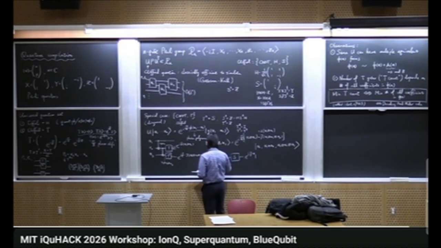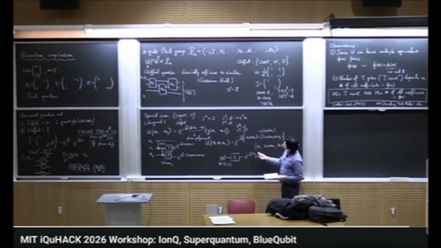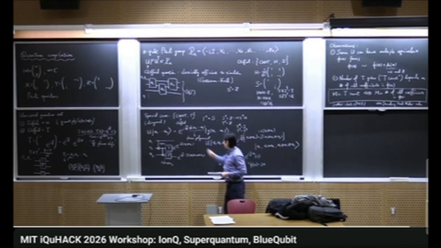If we start with the initial state x, where x could be 0 or 1, and we apply the S gate, this is basically consistent with the definition of the theory. So you can say this is a special case of a phase polynomial where the coefficient equals 2x, where by our definition the unit has to be pi over 4.